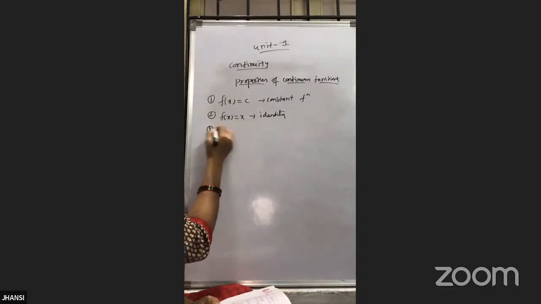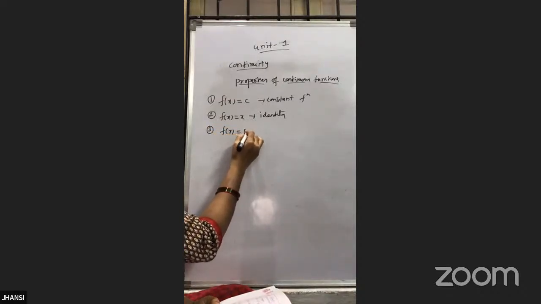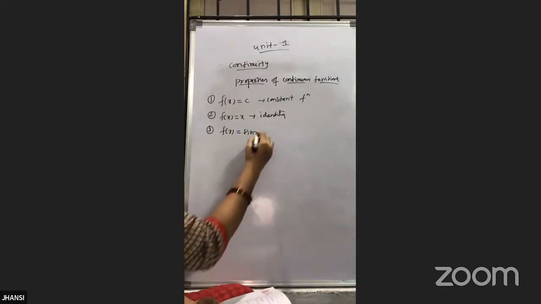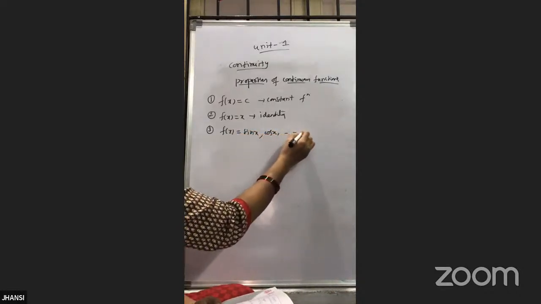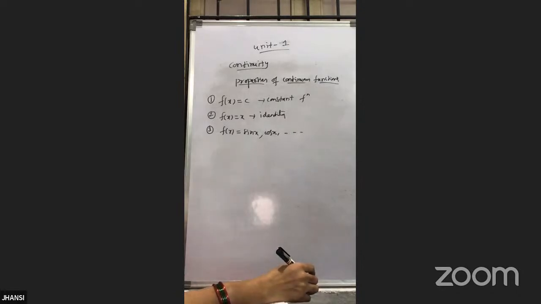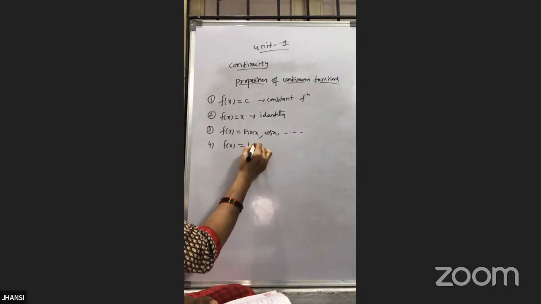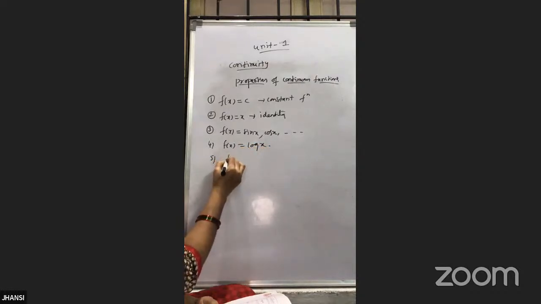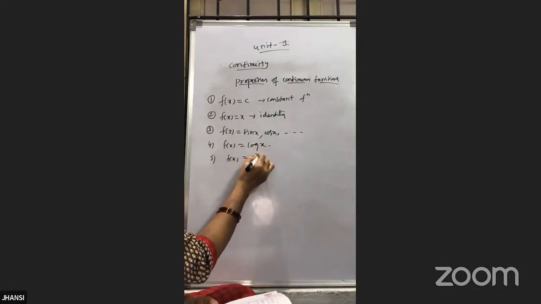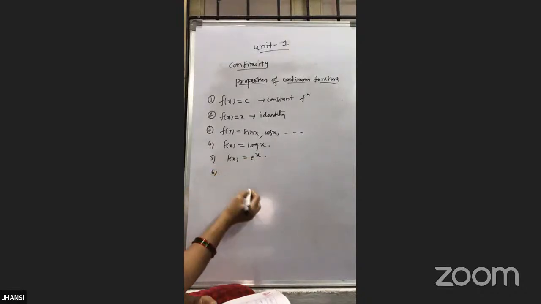And next, third one is f of x equals any trigonometric function, that is sin x, cos x, tan x, and so on. Whatever 6 trigonometric functions are there. And next, fourth one is f of x equals logarithmic functions. And fifth one is f of x equals e to the power of x. And sixth one, any polynomial.